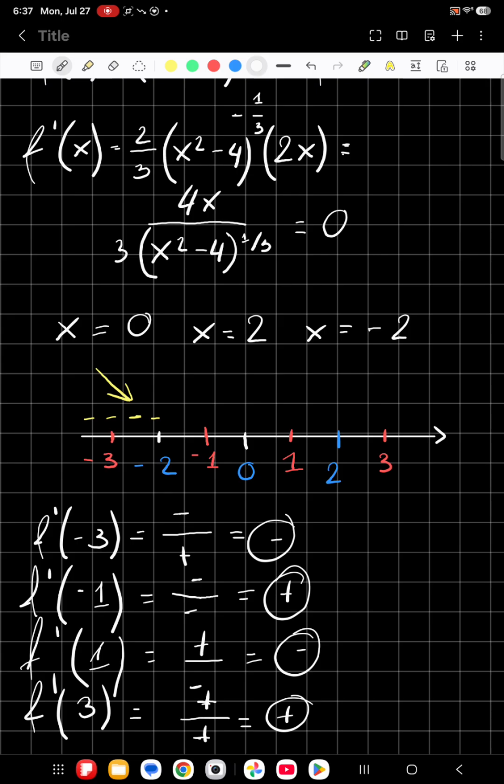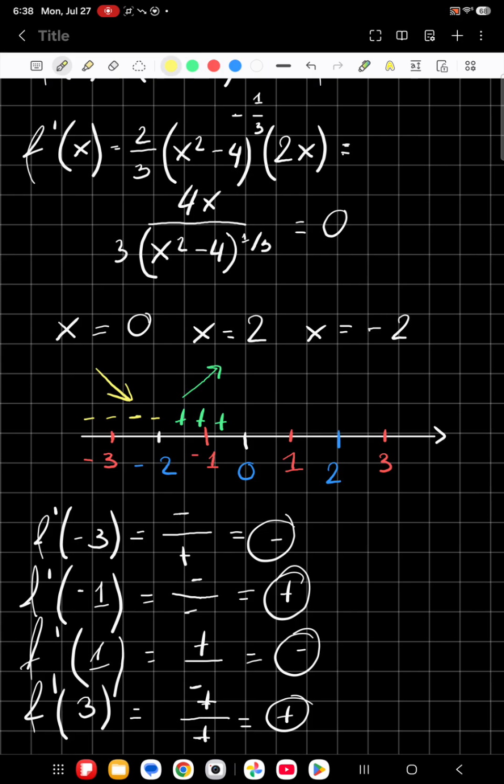Okay, so let's put it here on the number line. The interval between -2 and 0, I was plugging in -1, and that gave me a positive. You see that it usually alternates between positive and negative, but not always. So this will be increasing.